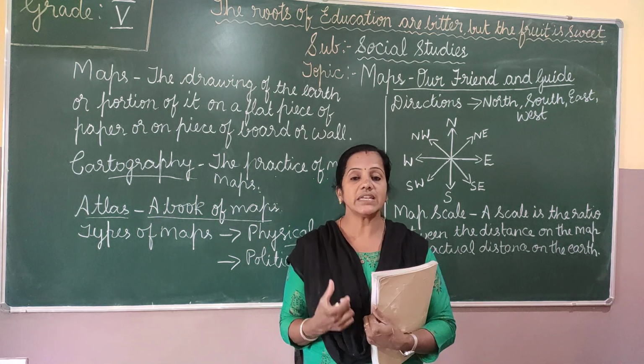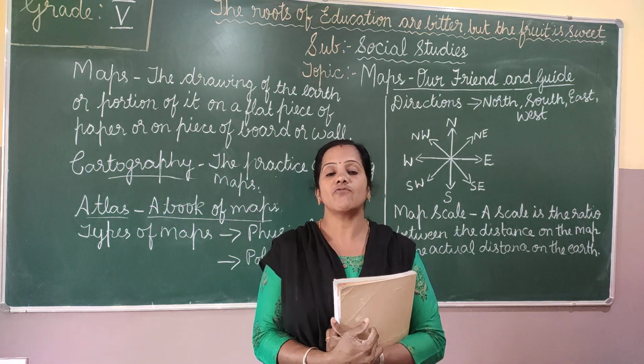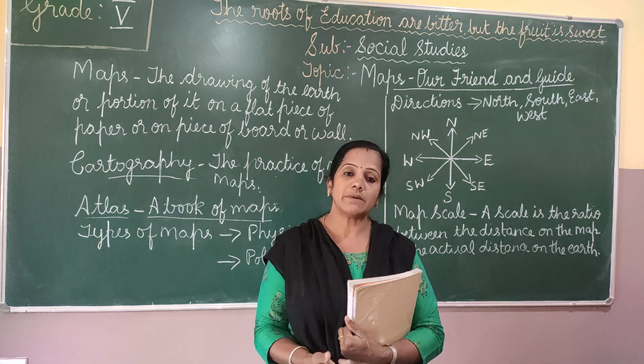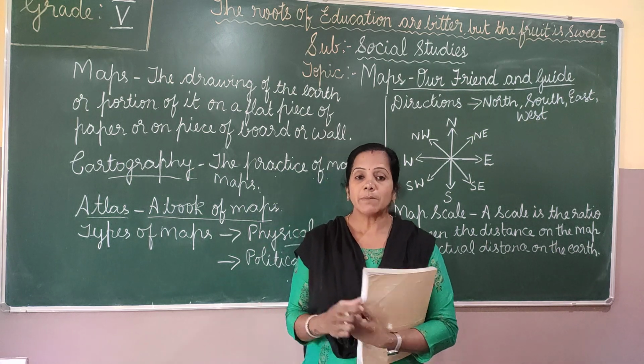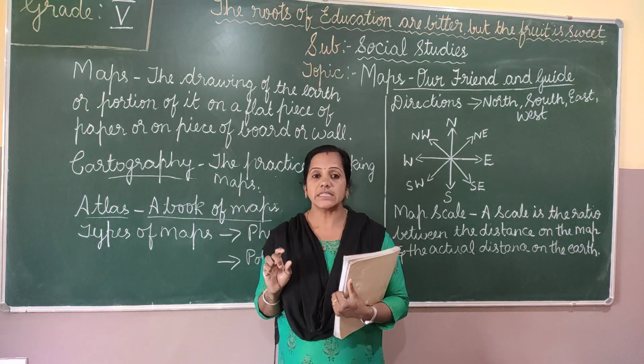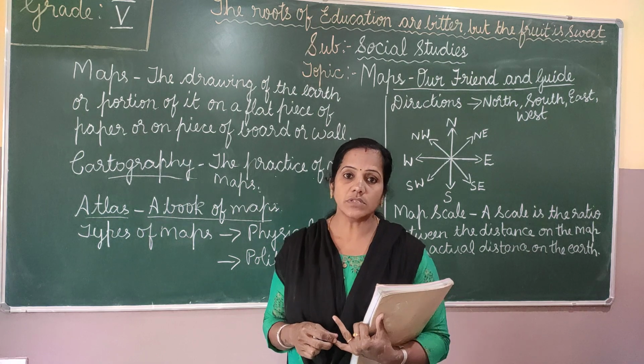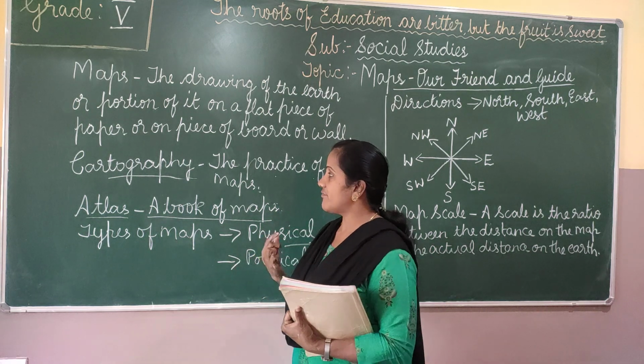We can find even the minutest information on the maps. Maps are on flat paper, so it is easy to carry from one place to another. They can be folded and kept anywhere.